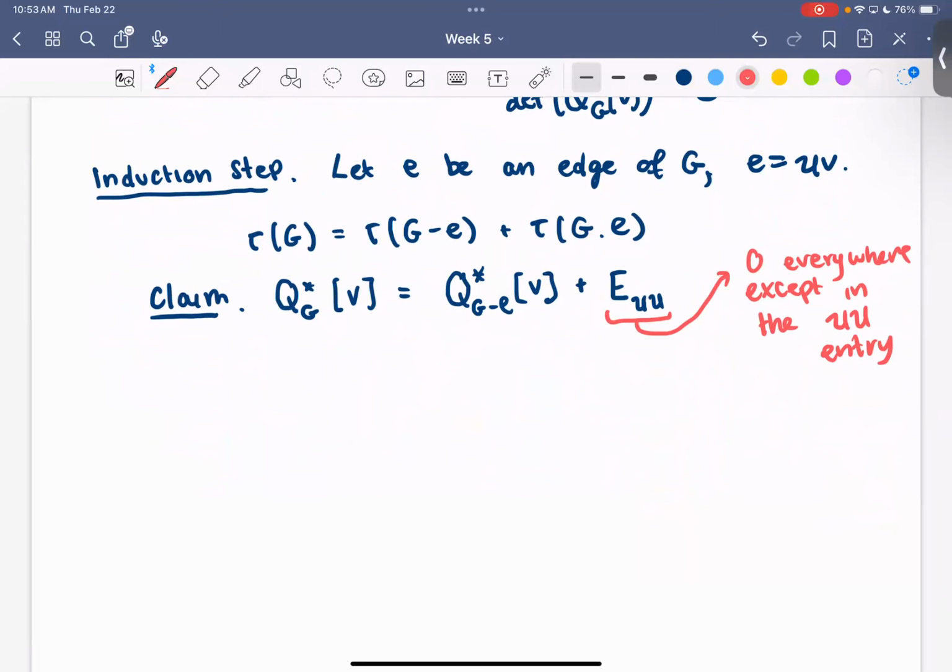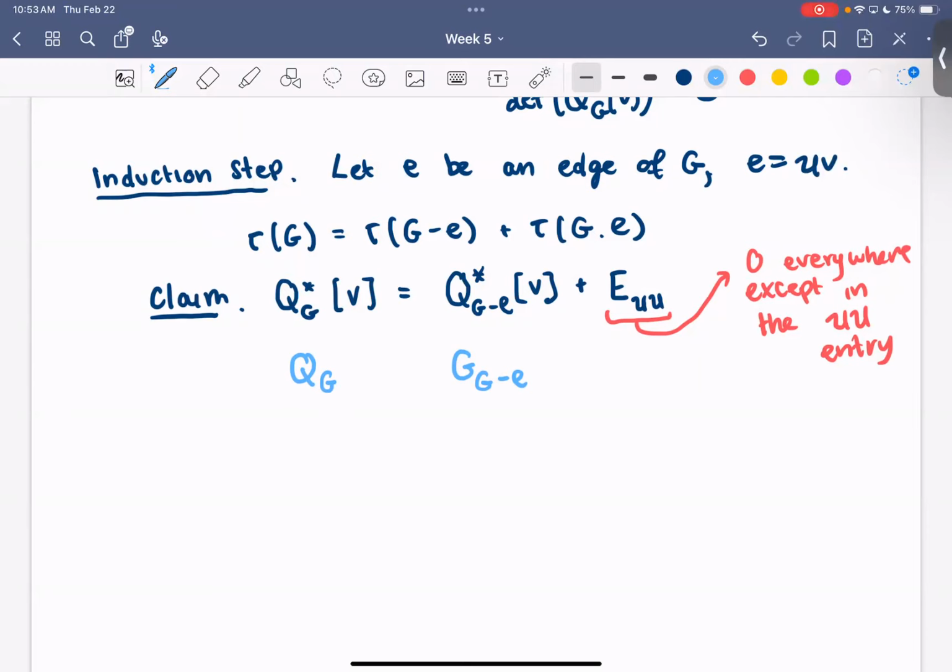Okay, so let's see why this is. So if we're looking at the graph G minus E, let's just quickly compare Q sub G to Q sub G minus E. Right, so what has changed between these two things? U and V have each lost a degree.